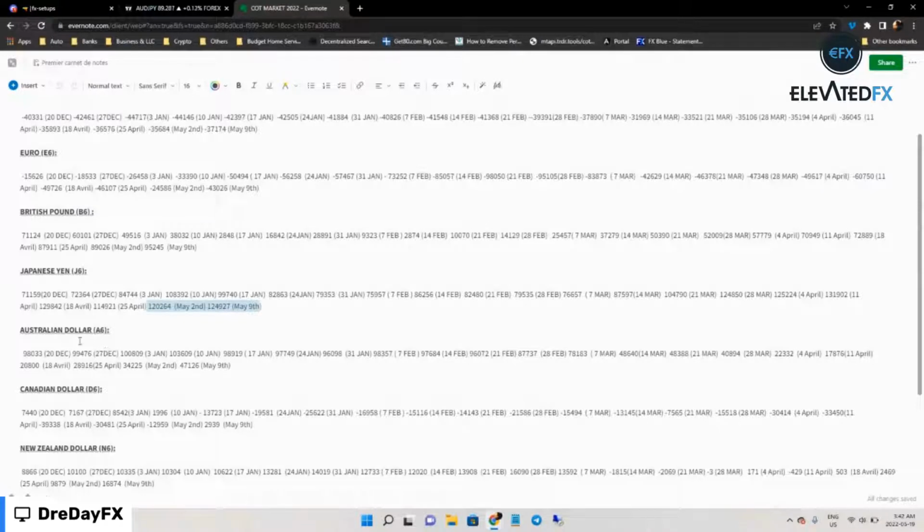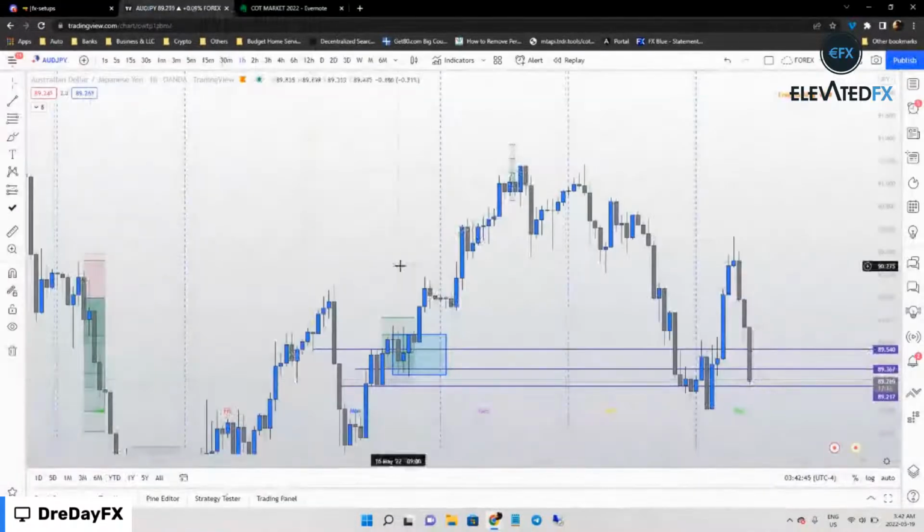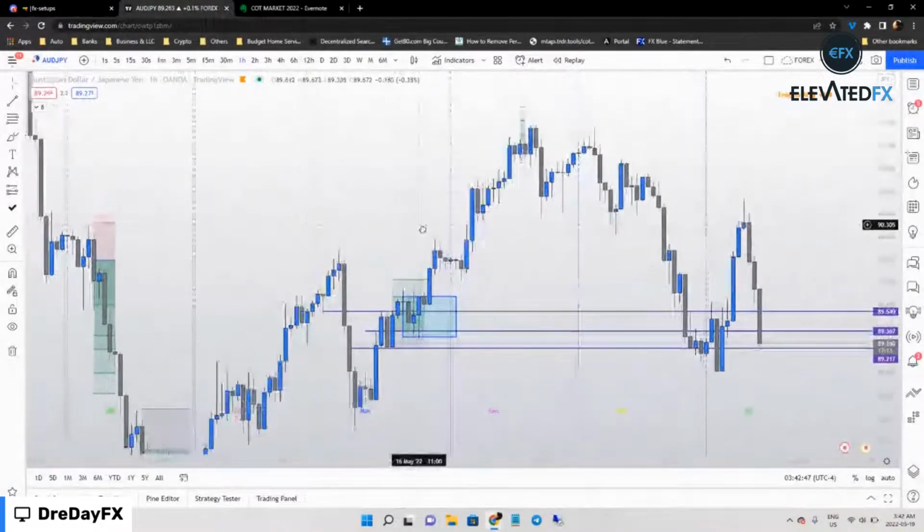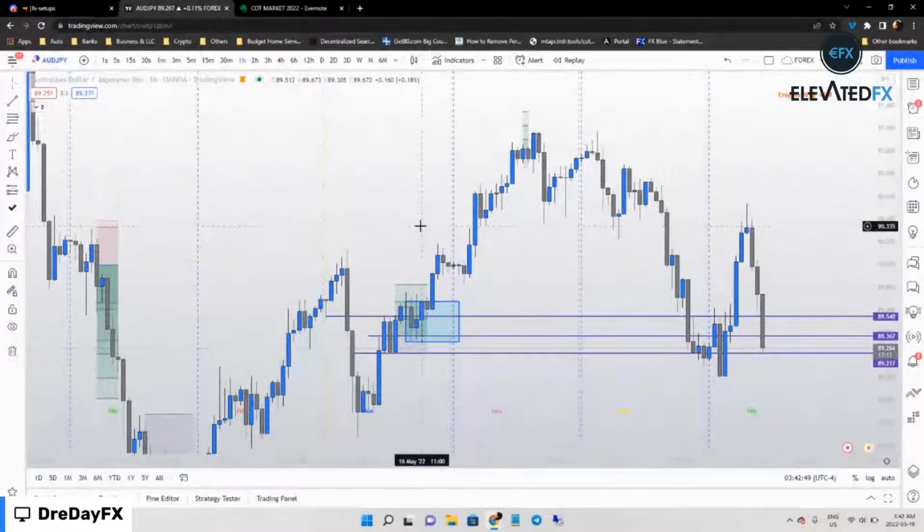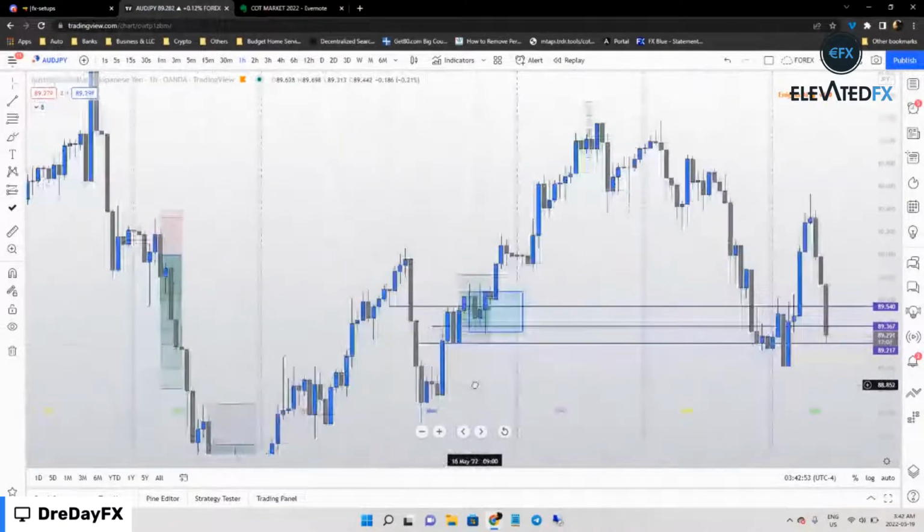Okay, so Australian dollar versus the yen, I would look at taking positions on this pair, going long or short, depending on where you're at in the market.